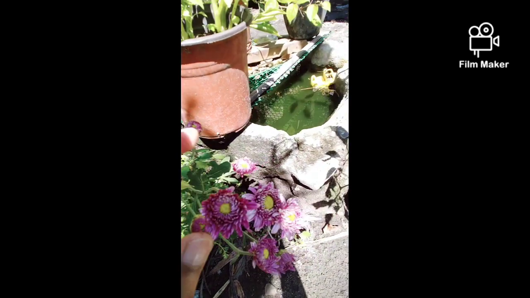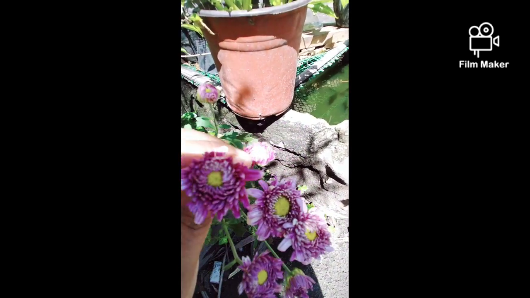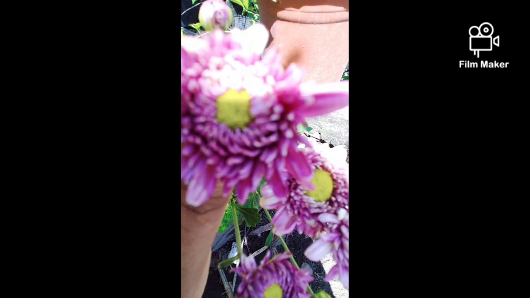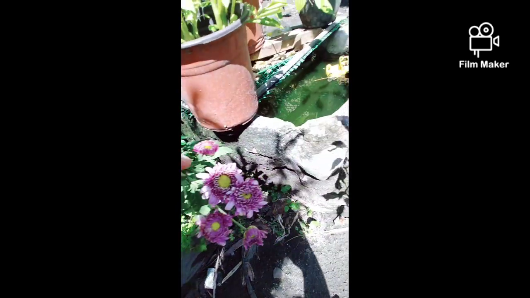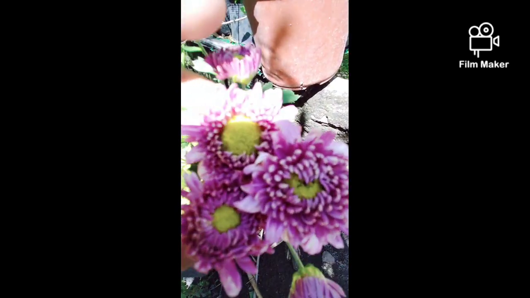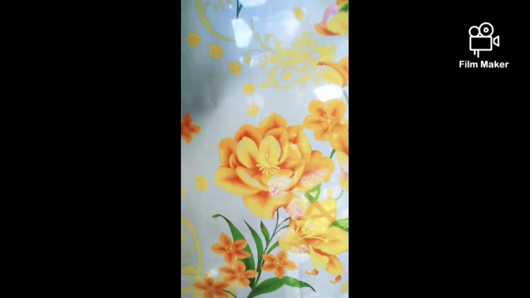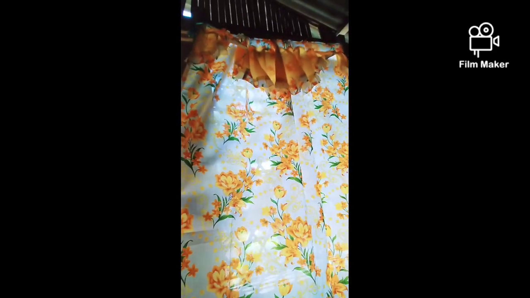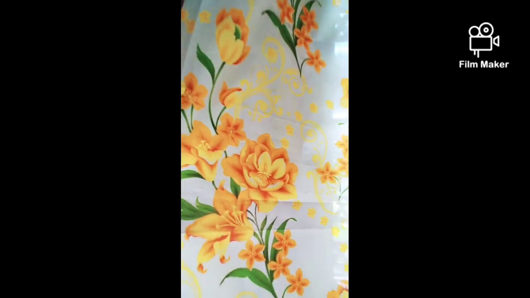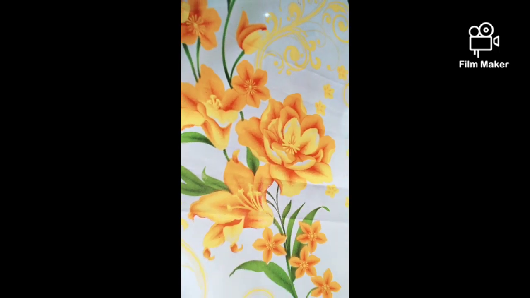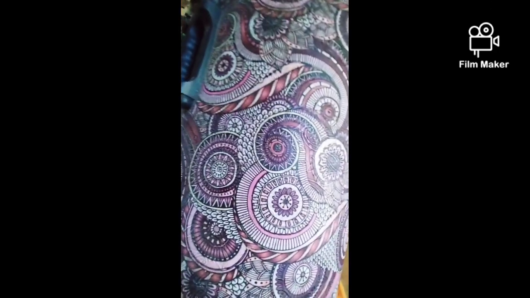And then this is, and then the curtains flower, and then the sound box.